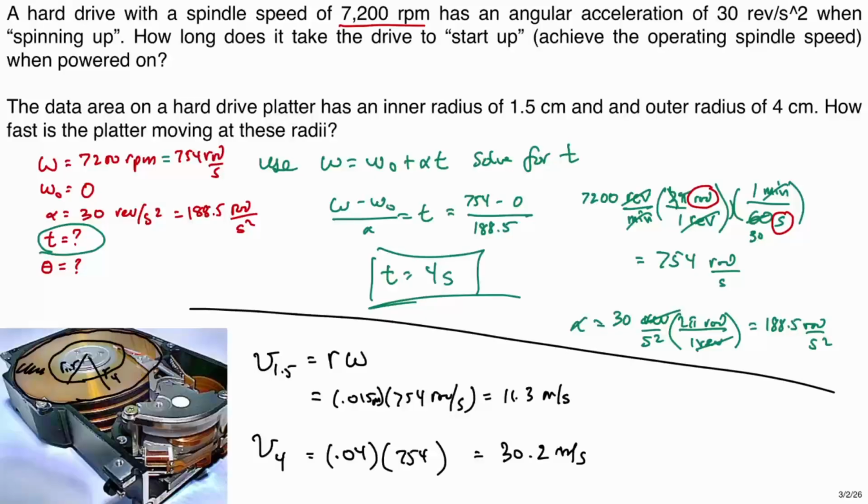For a little while, engineers couldn't figure out what was going on, because they were breaking the speed of sound with the outer edge of the drive platters. And so they would break the sound barrier on the outer edge, but not the inner edge, and it would set up a wobble and it would destroy the drive.